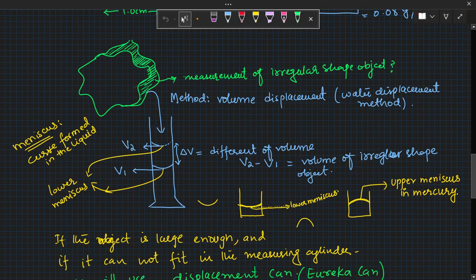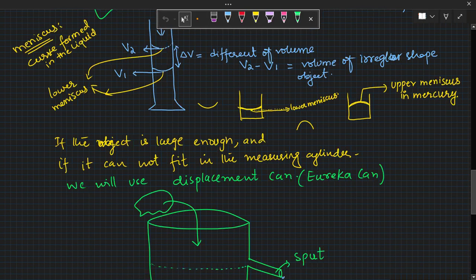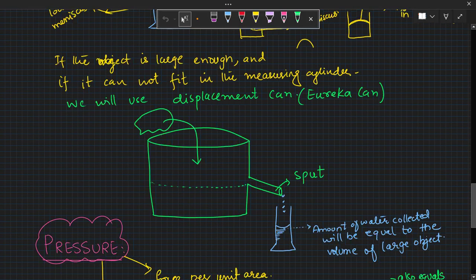What will happen? The volume will rise. Whatever change of volume you observe will be equal to the volume of the irregular shaped object, right?